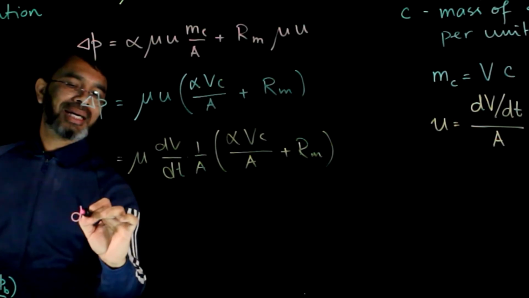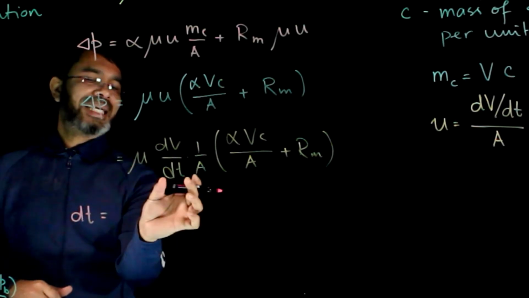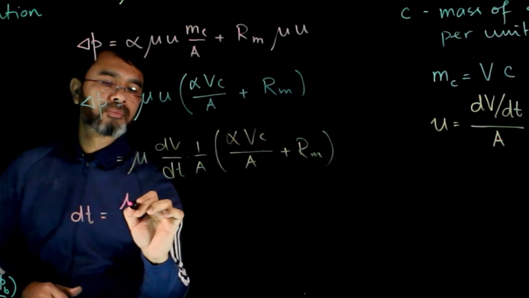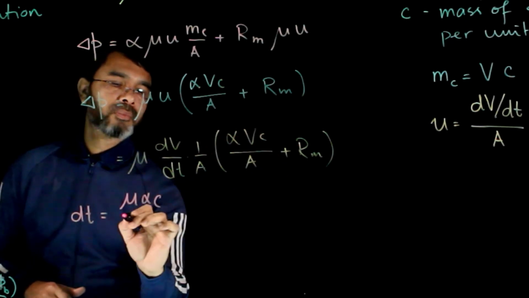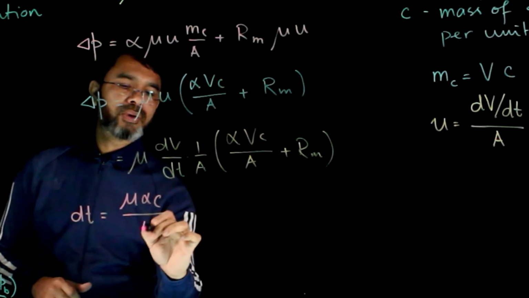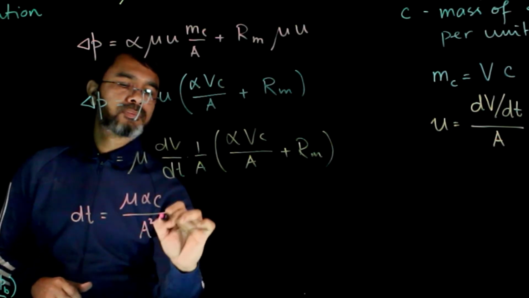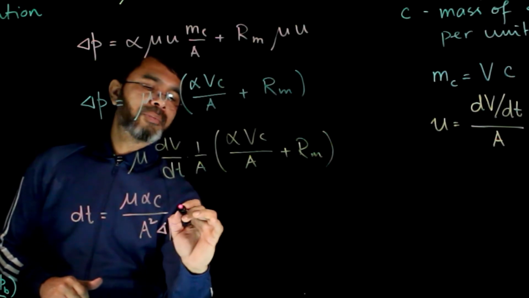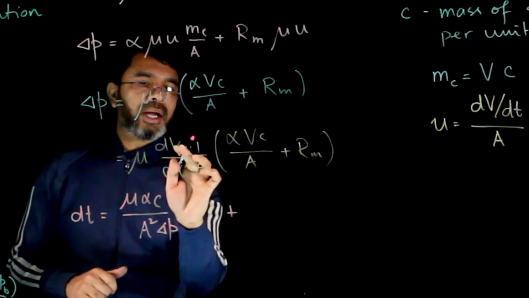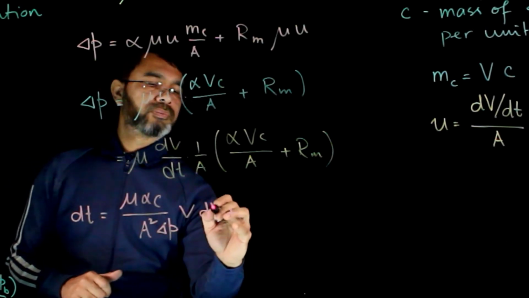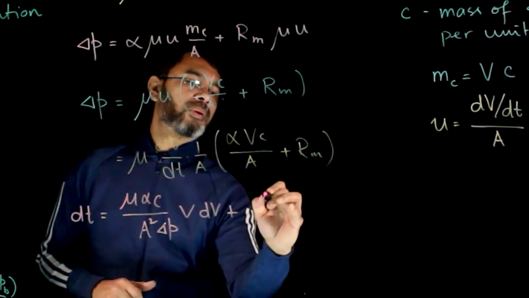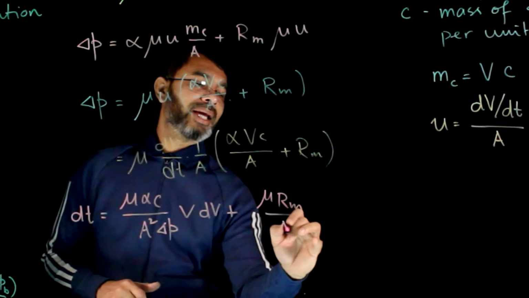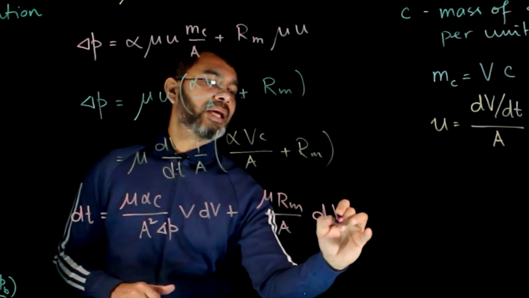We have dt equals mu alpha C over A squared delta P, times V dV, plus mu Rm over A delta P dV.